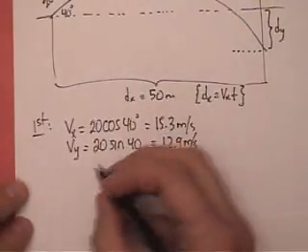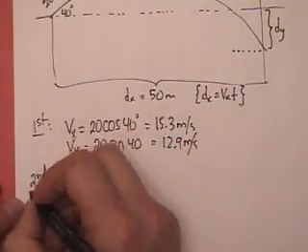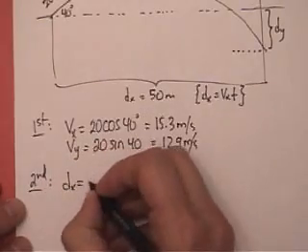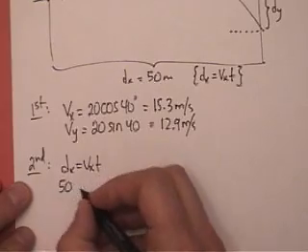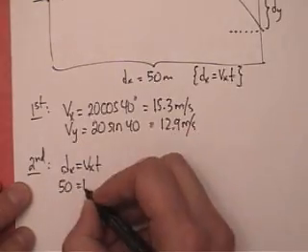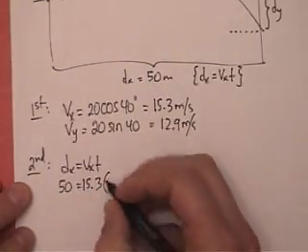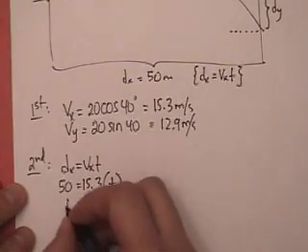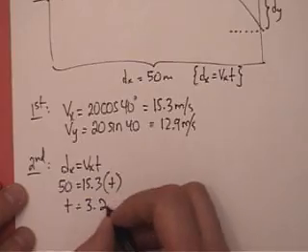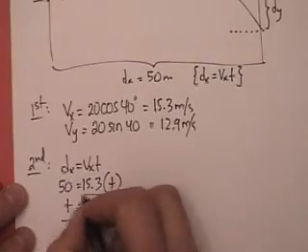I'm going to use my vxt. So for my second point here, I'm going to go dx equals vxt. dx, I already know it's 50. vx, I just figured out it's 15.3, so now I can solve it for time. When I do this, time ends up equaling 3.27 seconds.